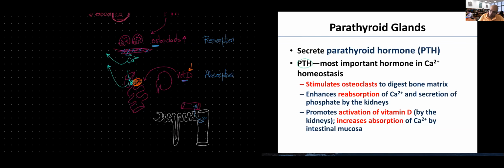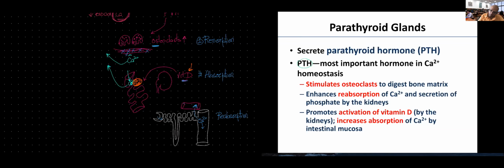And if any calcium got filtered out and it's on its way to be released in the urine, I will recapture this calcium and will reabsorb it back into my blood to increase my blood calcium level. So three main actions here of PTH. First one is the resorption of the bone, breaking down of the bone to release the calcium.